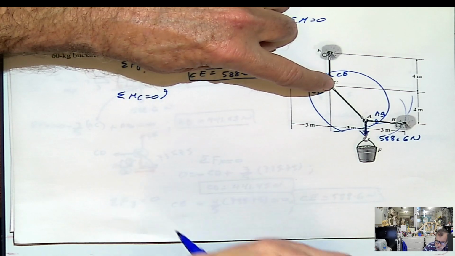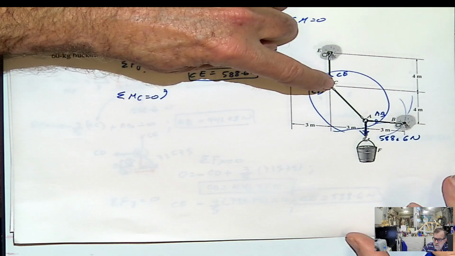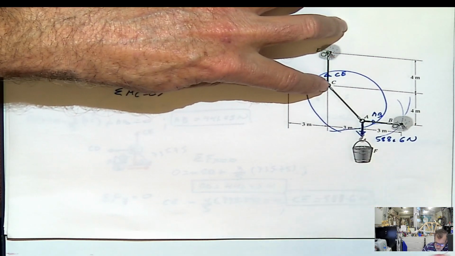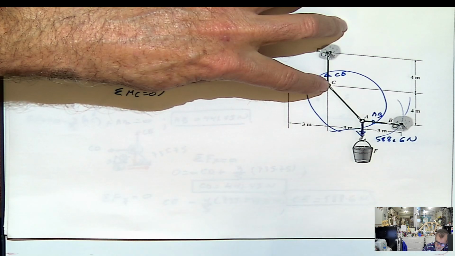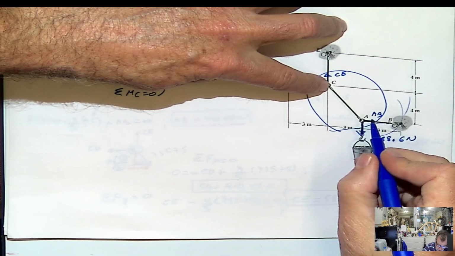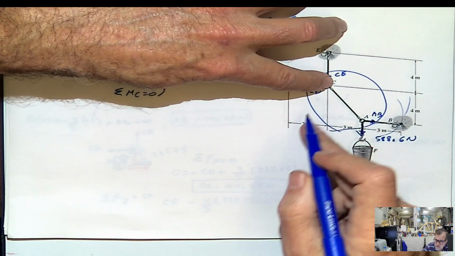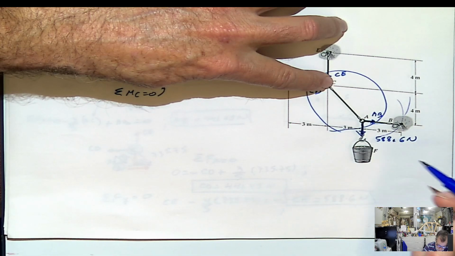A moment is just a force times a distance. It's like a torque. So the force is vertical, the distance is horizontal, and if the force is horizontal, the distance is vertical. So if I select to do summation of moments at C, and I use this side, then what is going to happen is this.